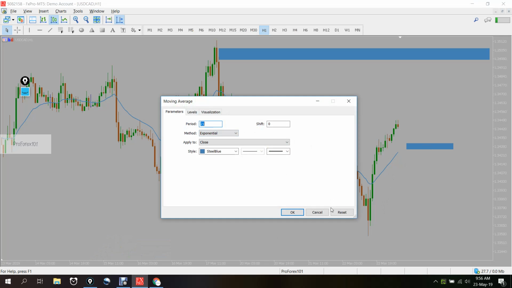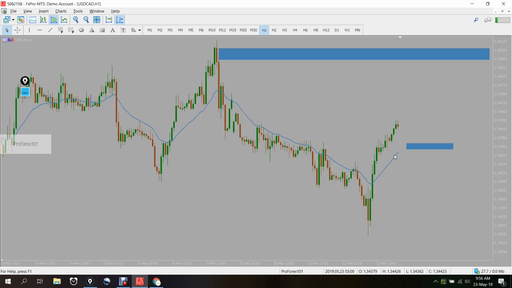As I said earlier in that session where I went through the strategy, this is just to help you. But you need to see where these supply and demand and support resistance areas are, and that'll be the key. In the meantime, this will be like a guide to help you figure out, okay, we haven't retraced yet. Why? Because we haven't come back to our MA. Simple as that.